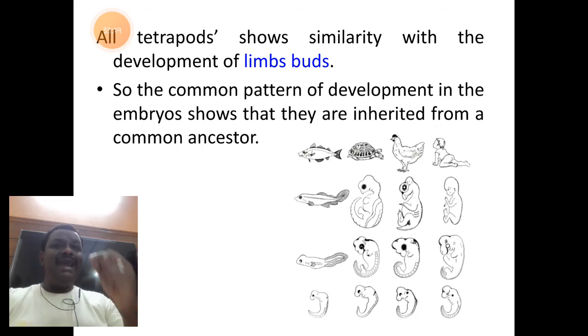So the late embryonic stages that show presence of gill clefts, notochord, limb buds, then ear and eye rudiments are all commonly present in the late embryos of all different classes of tetrapods, indicating that they have all originated from a common ancestor. This is the ideology. So this forms a strong embryological evidence of organic evolution further.